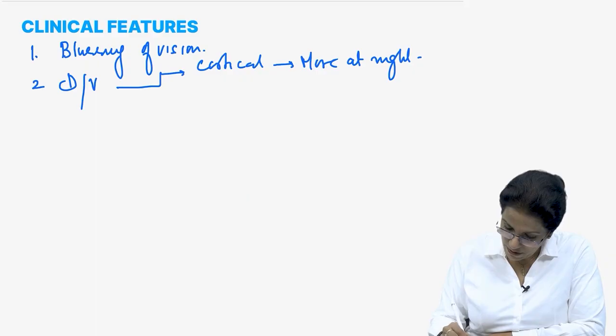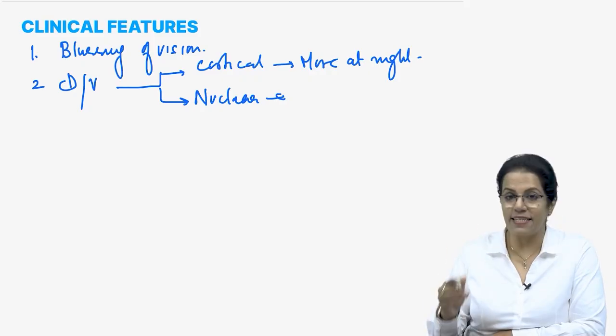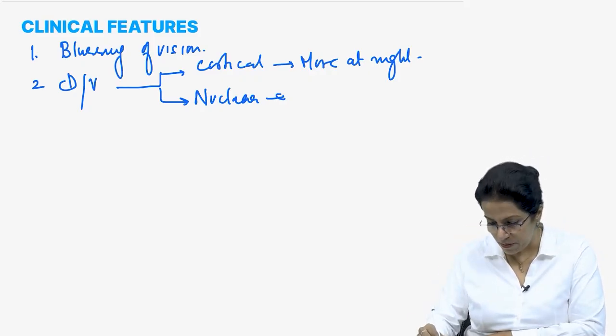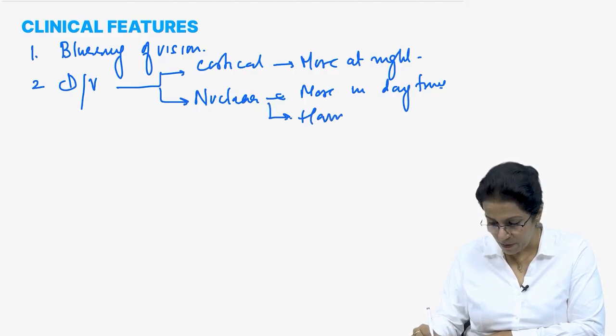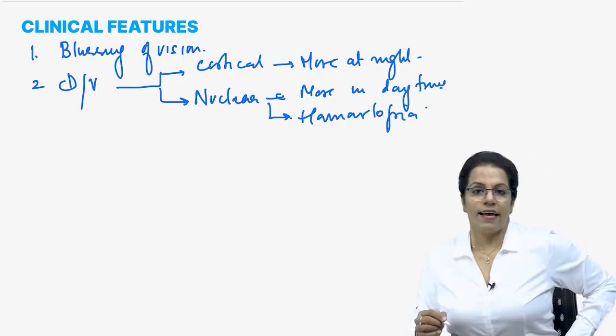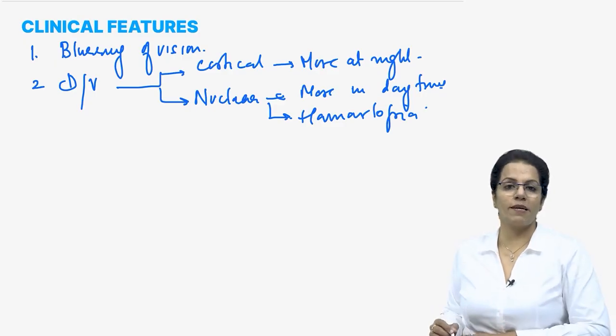Whereas in nuclear cataract, because it's at the center, the pupils are constricted during the daytime, so you get more difficulty in the daytime. And it can sometimes also be a cause of day blindness, or hemeralopia. Right, all of you? So we will keep this in mind. And what did we learn about posterior subcapsular?